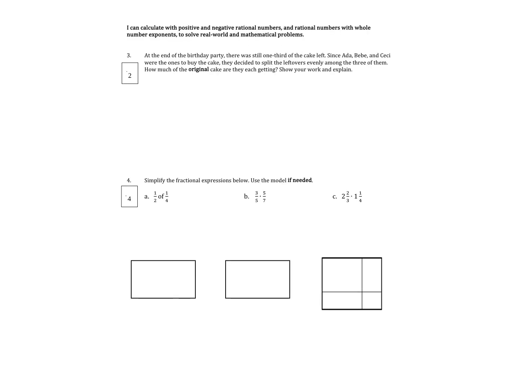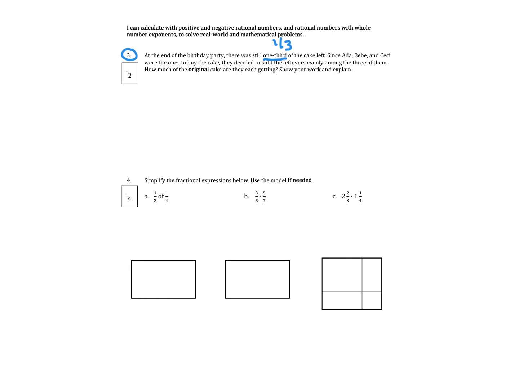Here we are at question number 3. This is our 2 fractions that we're going to multiply. So remember, you are looking for a fraction and a fraction. I'm going to read the problem to you. At the end of the birthday party, there was still 1/3 of the cake left.